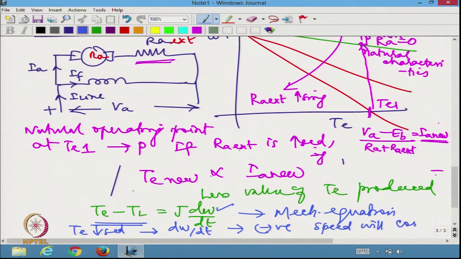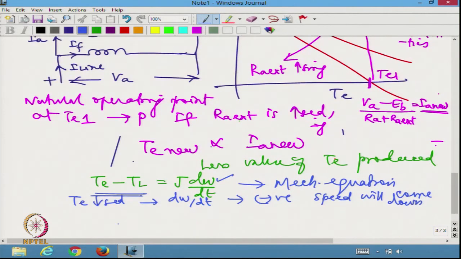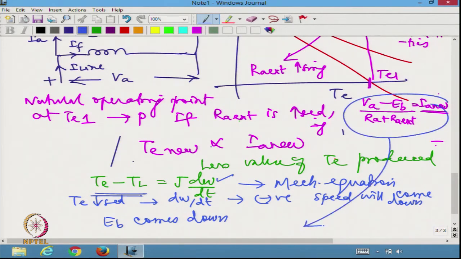So, if speed comes down, then back EMF will also come down. Because back EMF comes down, from this equation I can say IA will increase. So, IA increases and reaches its original value.